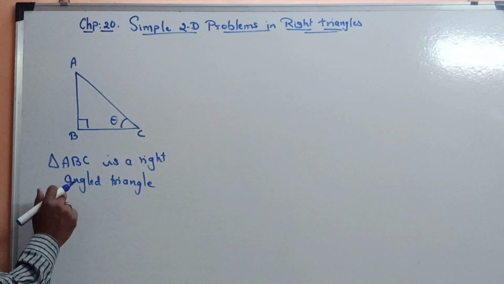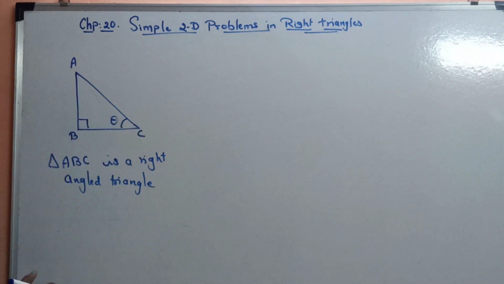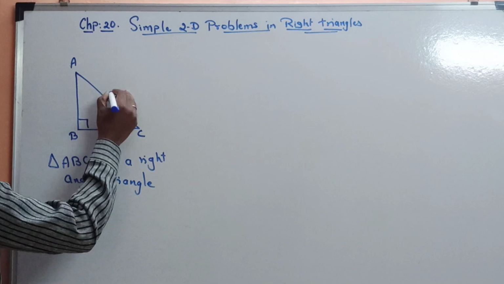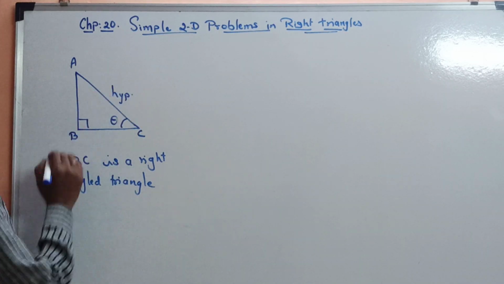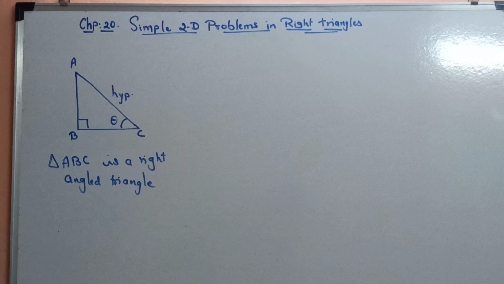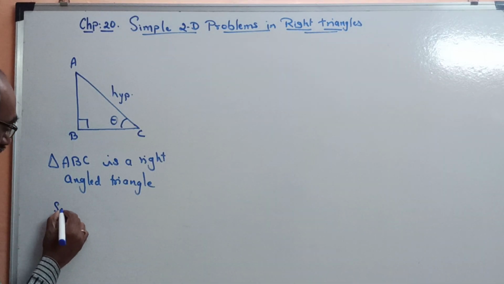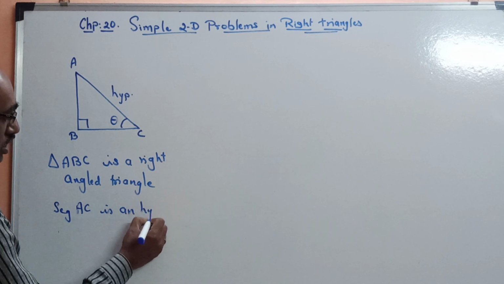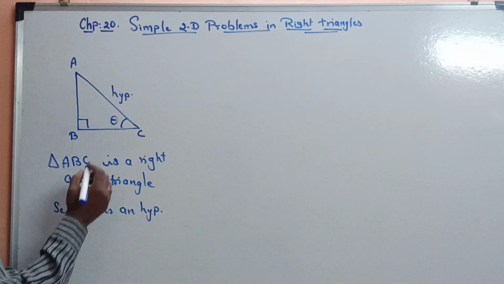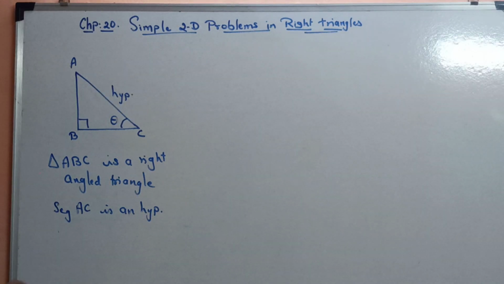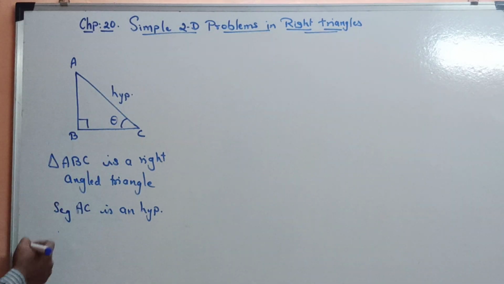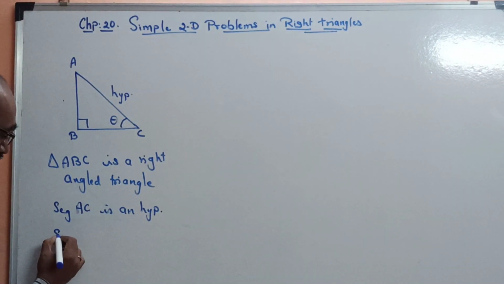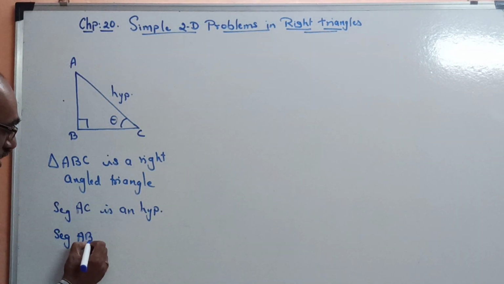When you say this ABC is a right angle triangle, you know that the side opposite to 90 degree is called the hypotenuse. That means segment AC is the hypotenuse. If I take theta as an angle, the side opposite to angle theta is this side, segment AB.